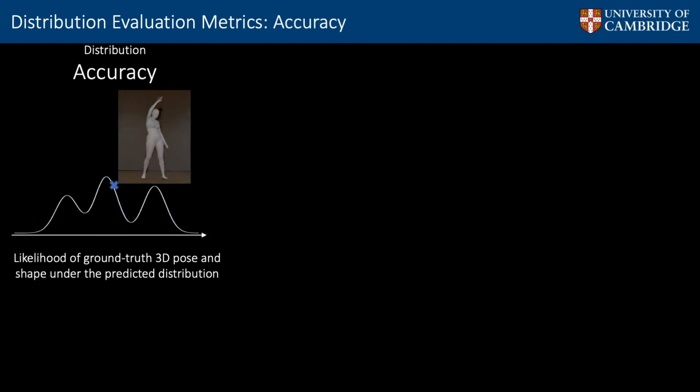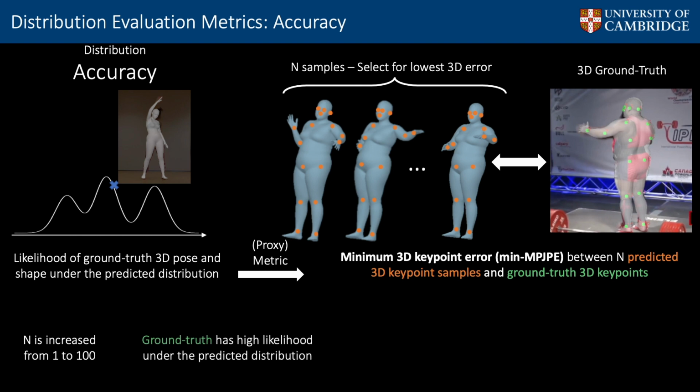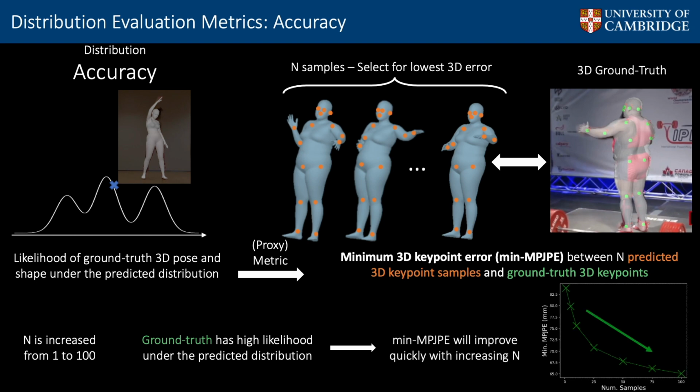We measure distribution accuracy using a proxy metric, 3D keypoint error, or MPJPE, computed using the minimum error sample out of n predicted 3D samples. n is increased from 1 to 100. If the ground truth pose and shape has high likelihood under the predicted distribution, we expect the minimum MPJPE to improve quickly with increasing n.